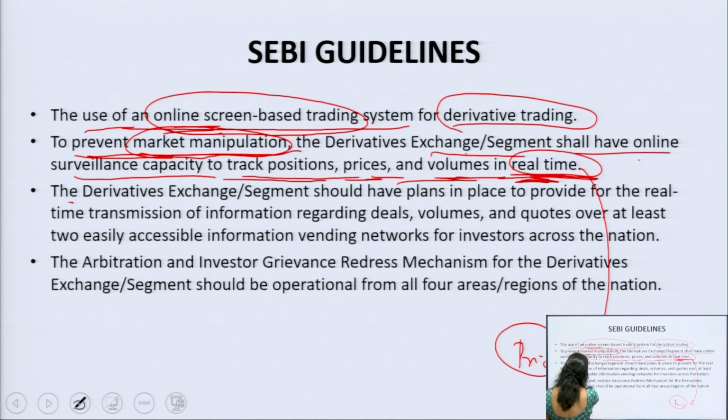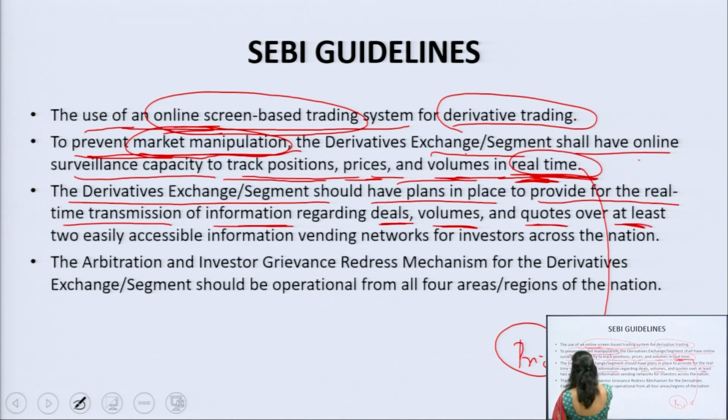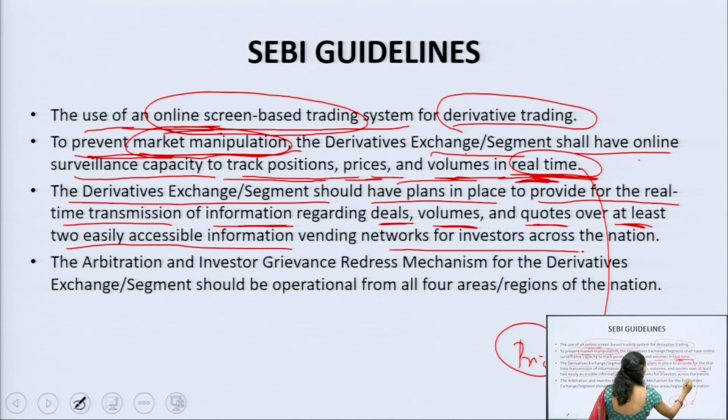The third point is that the derivative exchange segment should have plans in place to provide for the real time transmission of information regarding deals, volumes and quotes over at least two easily accessible information vending networks for investors across the nation.